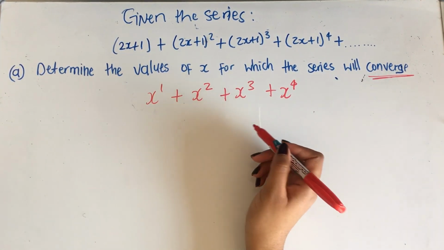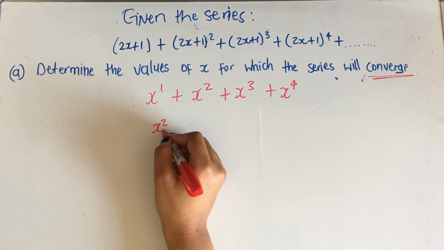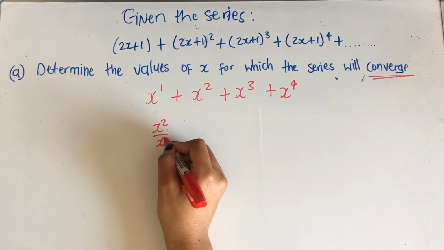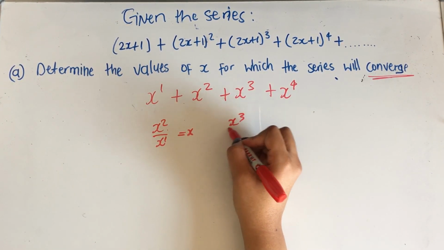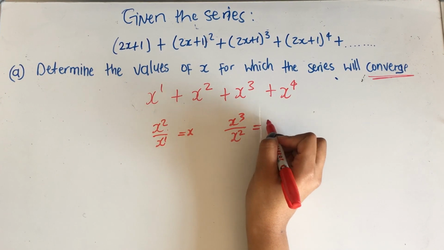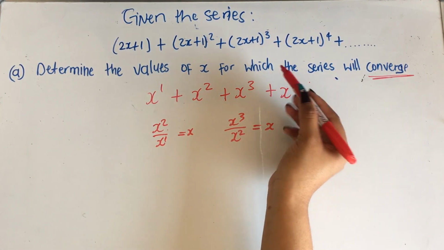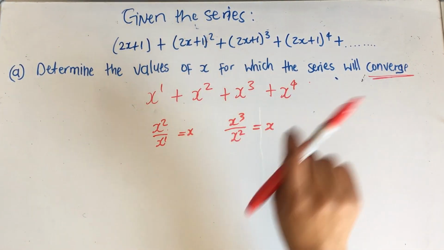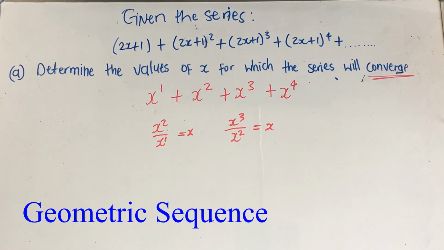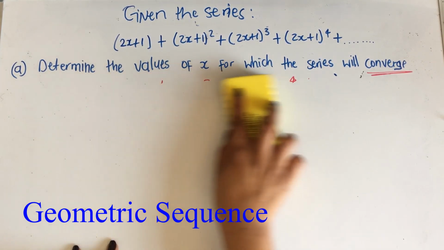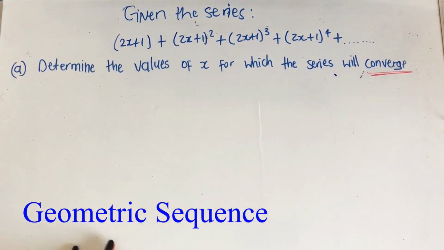And you can see that when you say x squared divided by x to the power of 1, we get x. And when you say x to the power of 3 divided by x to the power of 2, you get x. Same for the others, right? So now this should tell you that this is a geometric series. Alright, now let's get to it.